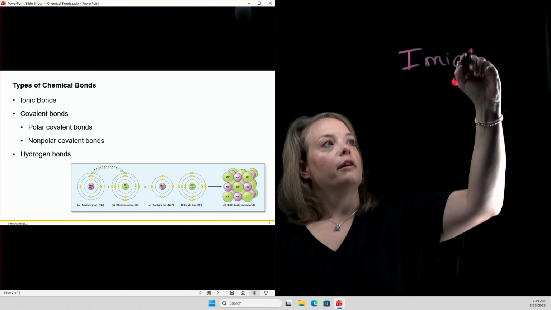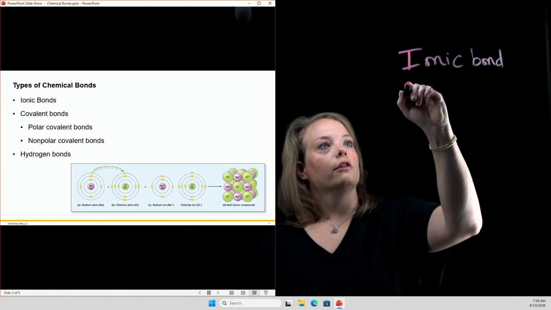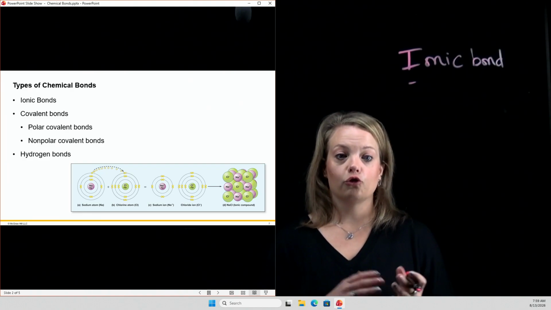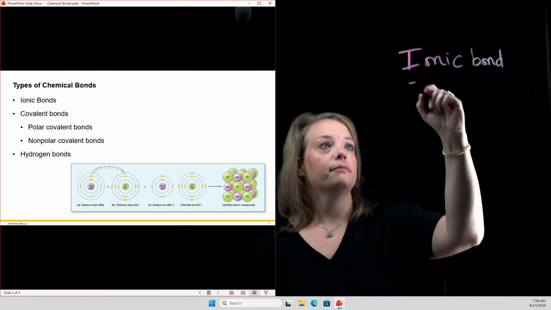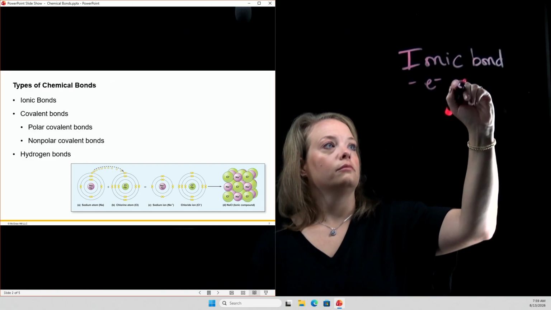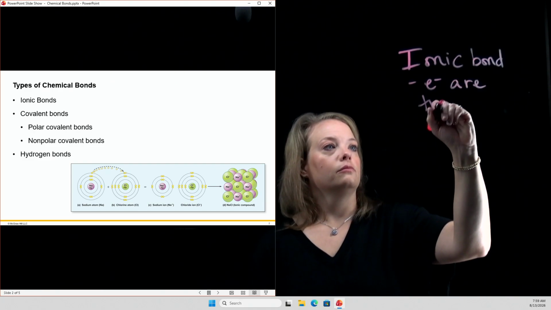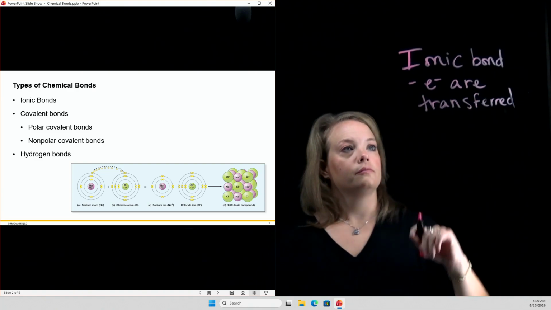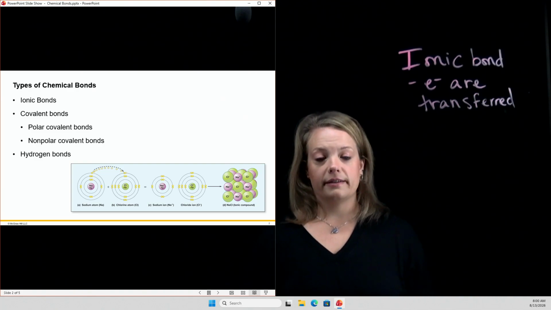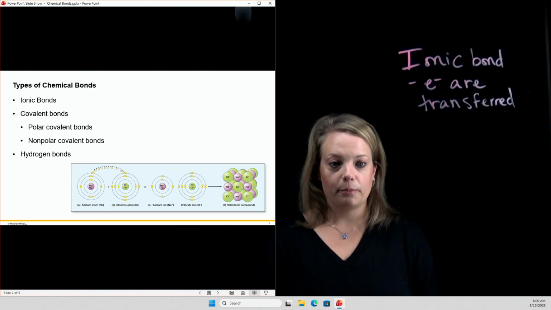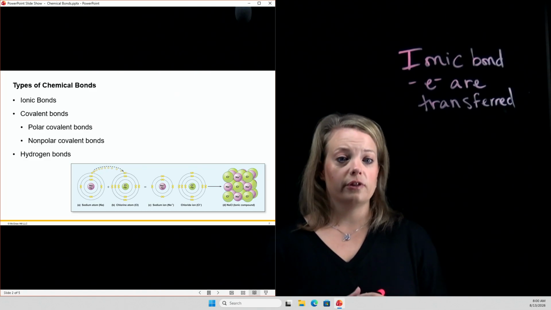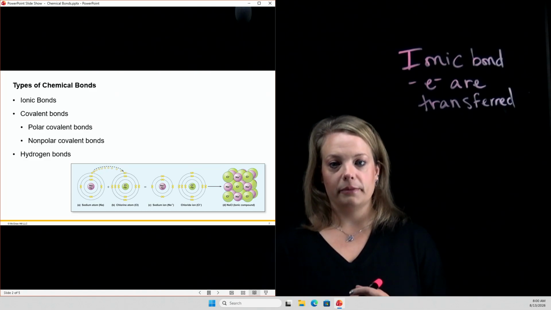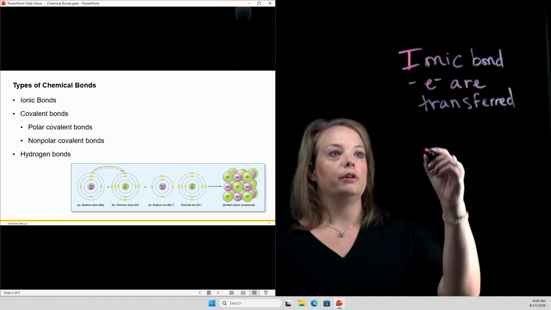So an ionic bond is whenever electrons are transferred between atoms. And a great example of an ionic bond, especially if you're in a biology or an anatomy and physiology class, is sodium chloride.